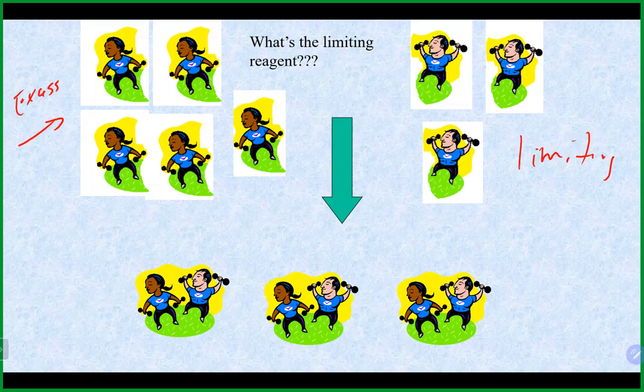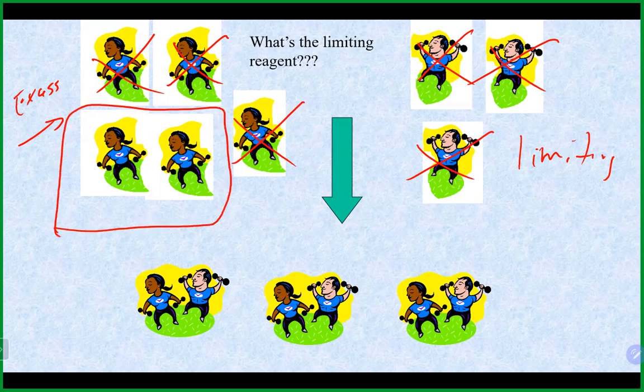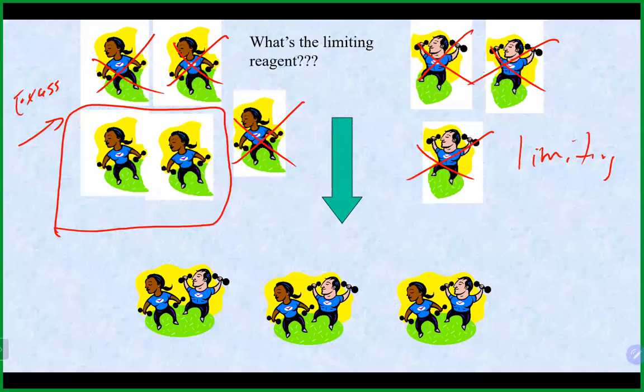Like I said, we need one of each to make our product. And then we could even see at the end here, we would be left with two of our excess reagents left over. So again, those are very common things that are asked of you: how much you produce and how much of that is left over.